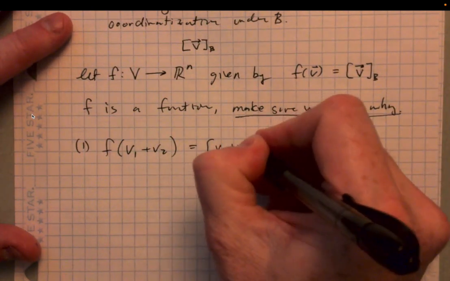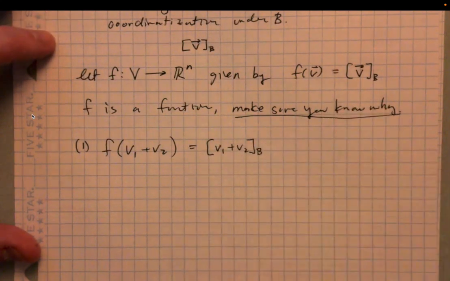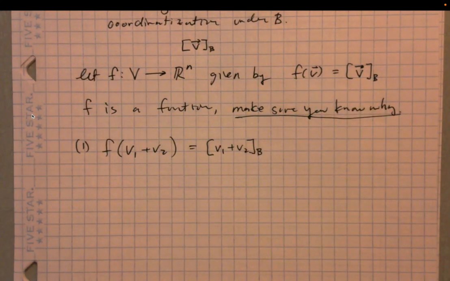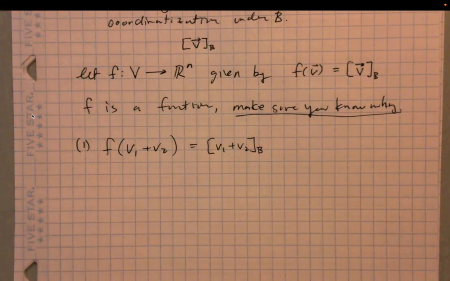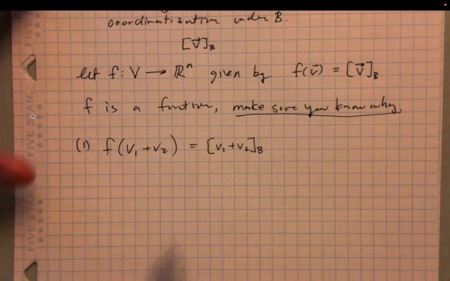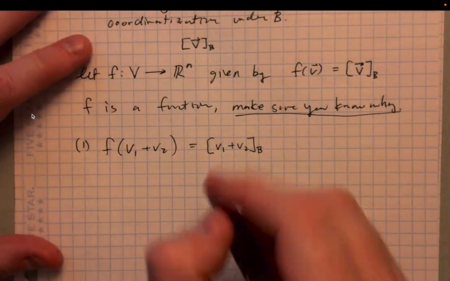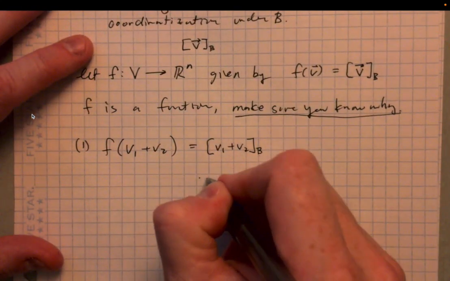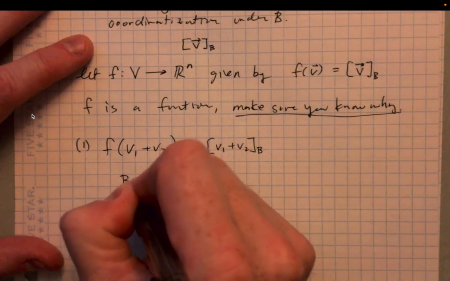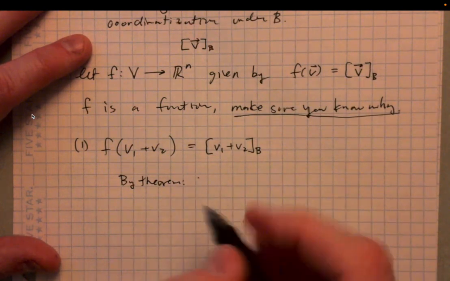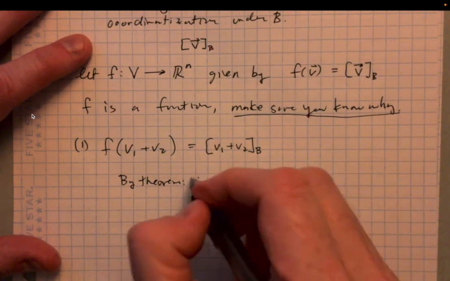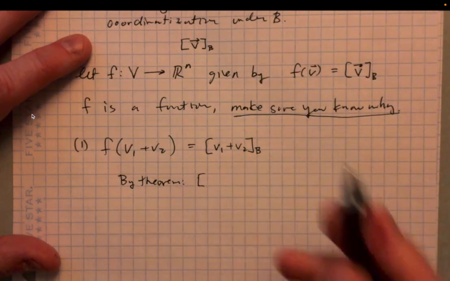So v1 plus v2 coordinatized under B. Now, we had a theorem when we talked about coordinatization, I believe it was the last lecture, and I'll ask you guys to double check and go back and look.